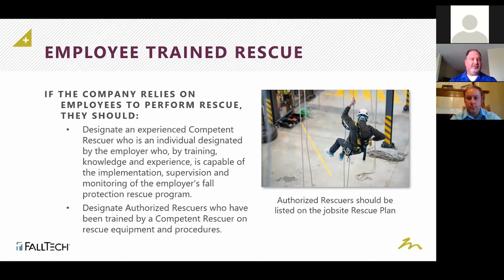By the time the fire department or the paramedics get there, they'll be on the ground, hopefully already receiving first aid. Get with your fall protection provider, and they will have rescue equipment available.